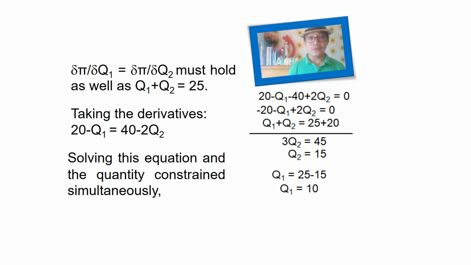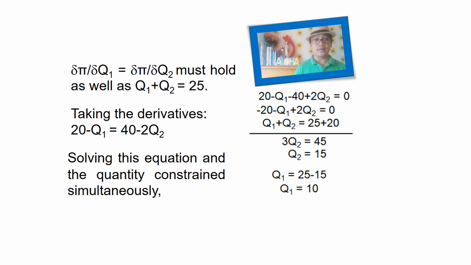To continue solving this problem, at the optimal solution, marginal profit must be equal. Thus, the partial derivative of the profit function with respect to q1 must equal the partial derivative of the profit function with respect to q2, as well as q1 plus q2 equals 25.